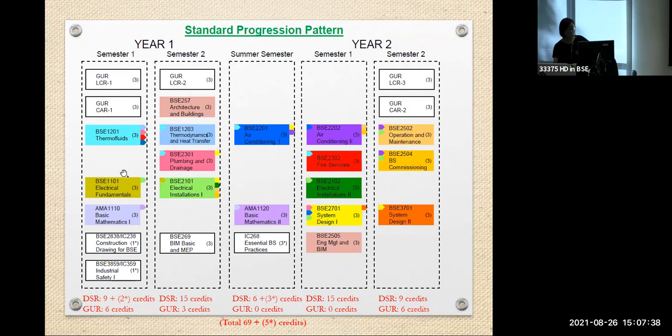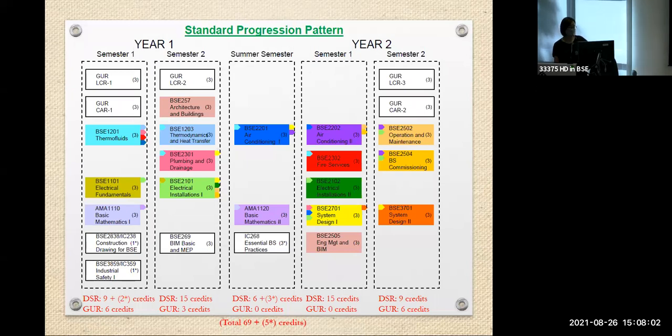So I can only say that you need to attend all the lectures and the tutorials, and then study the PowerPoint, study the teaching materials, and also the calculations. Then you should be able to get a pass.